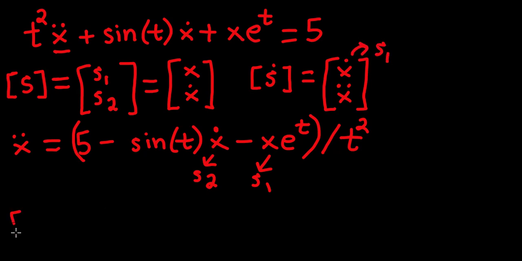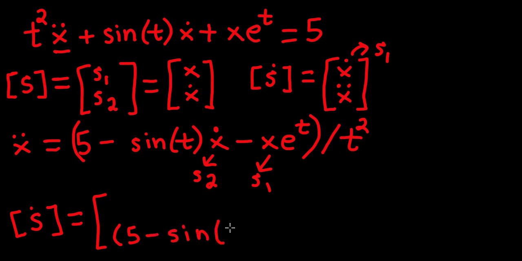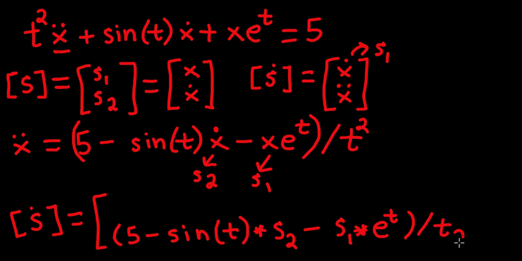So now if we want to write out S dot, we will get this. For the bottom, we have this huge expression: 5 minus the sine of t times S2, minus S1 times the exponential of t, and all that divided by t squared.